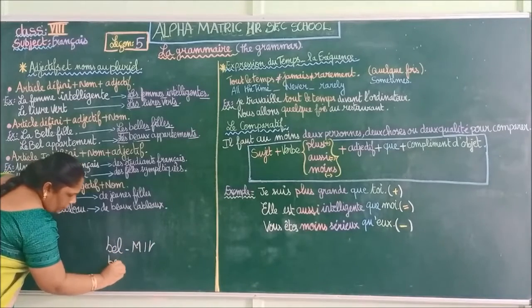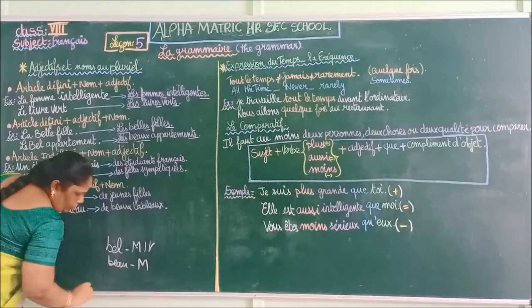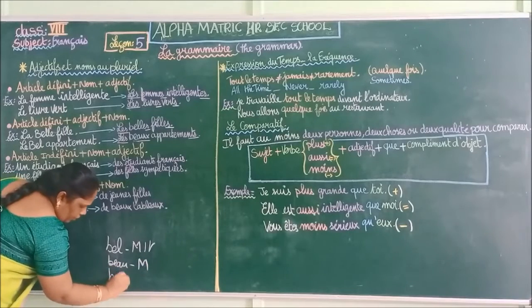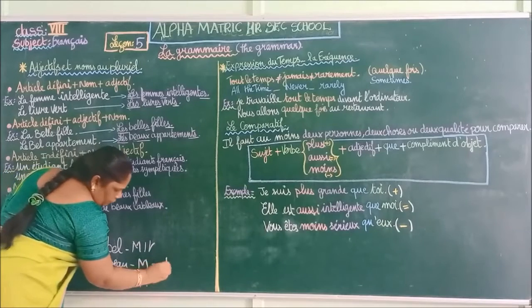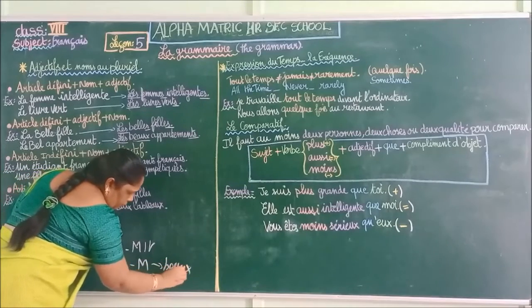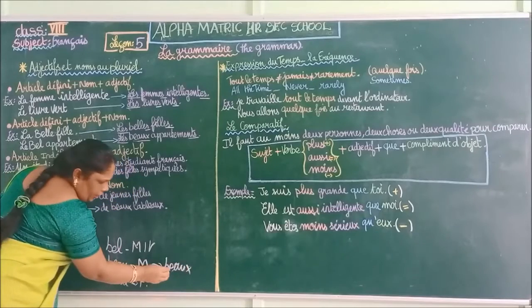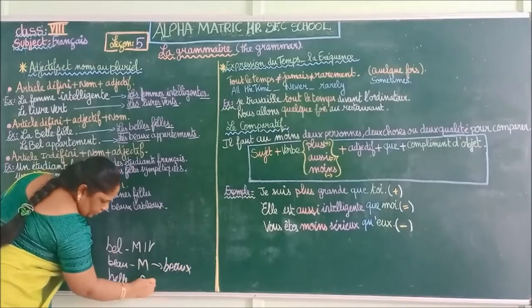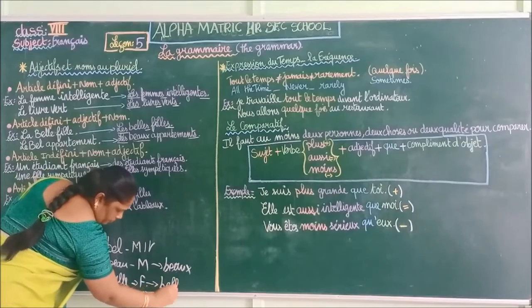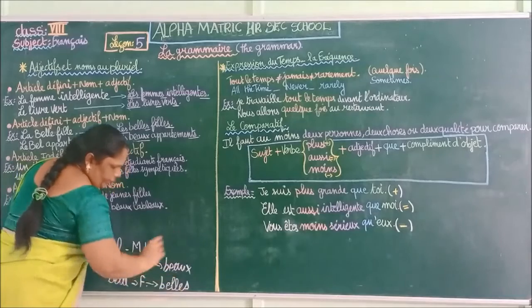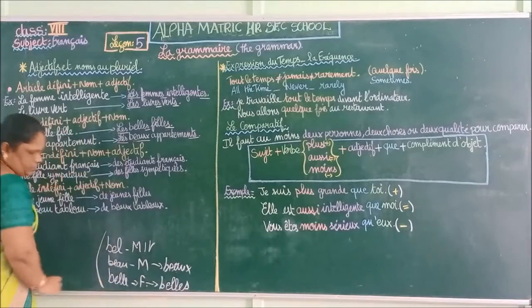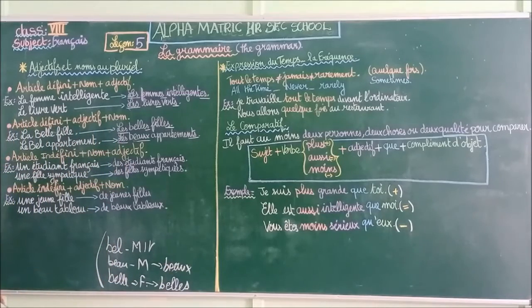Beau is for a masculine noun, and belle is for feminine. So when this changes into masculine plural, we have beaux. When this changes into feminine plural, belles. Okay, we already learned this, like nouveau, nouvelle, nouveaux. Okay, so the same procedure will be for this.